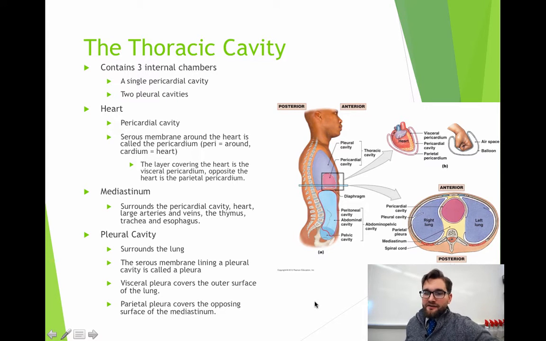The pleural cavity surrounds the lung. And again, the serous membrane lining the pleural cavity is the pleura. The visceral pleura covers the outer surface of the lung. And then the parietal pleura covers the opposite side or the opposing surface of the mediastinum. We can see the mediastinum labeled here.